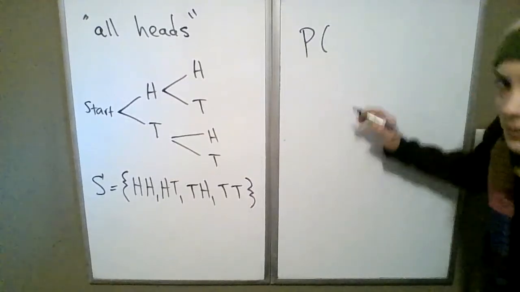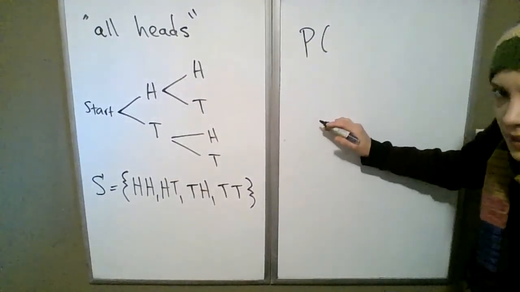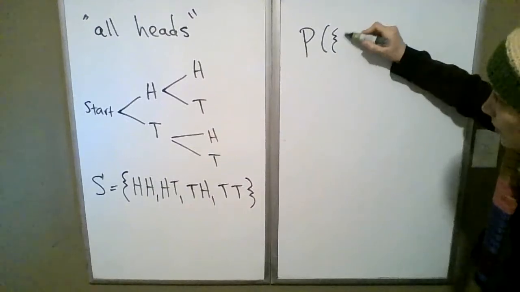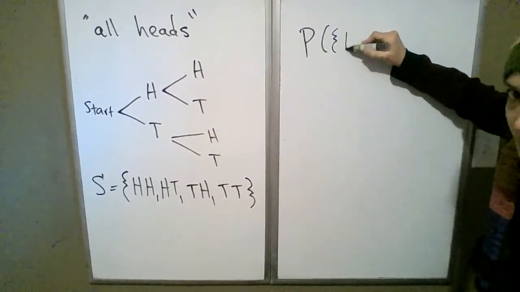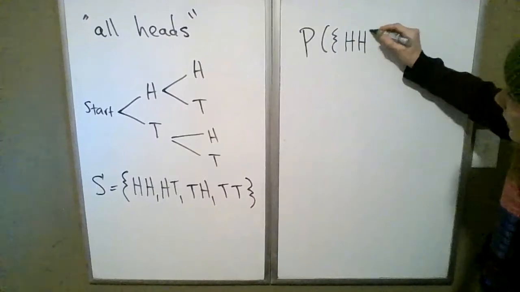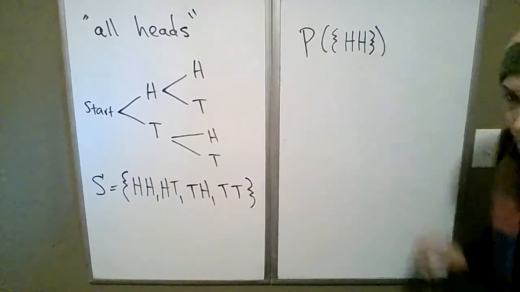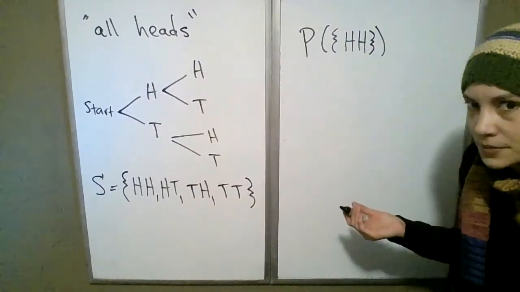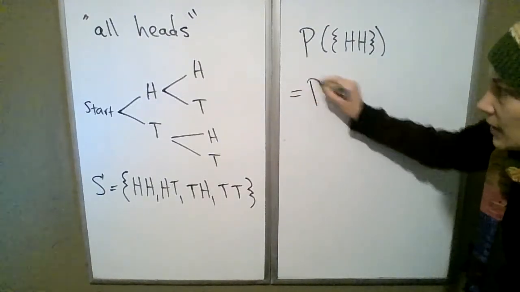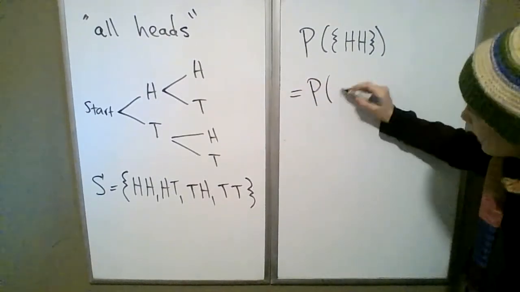This is what I mean. So what we asked is probability of all heads, which should be written like this: the set or the event of heads followed by heads. But a lot of statisticians would just put probability of heads.